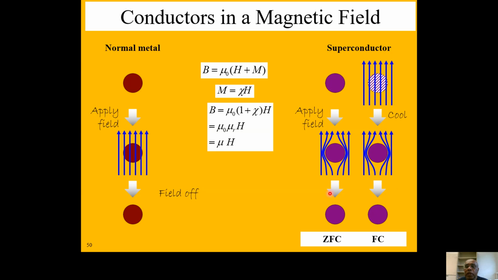But for the superconductors, no matter how you do, whether you first cool and apply magnetic field, or first you apply magnetic field and cool, the zero field or field cool, both ways you don't have any magnetic field when you switch off the magnetic field.